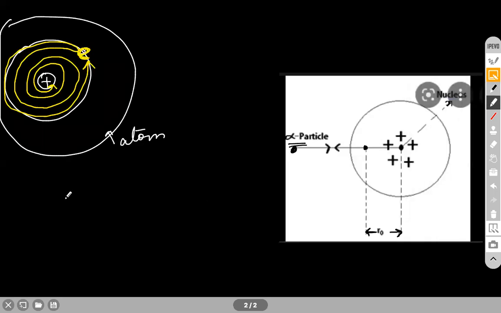If the alpha particle goes from this place and reaches the nucleus, it will have two energies: kinetic energy and potential energy, and the sum is the total energy. I will see kinetic energy and potential energy here also. The interesting thing is that energy remains conserved.